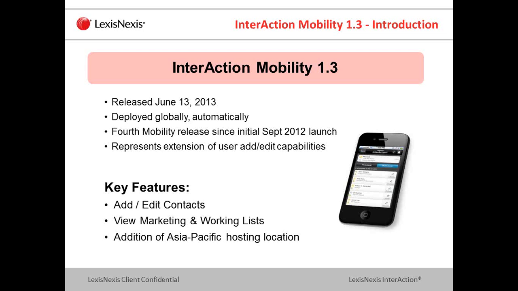This is actually our 4th release since we first came to market in September of last year with the Mobility 1.0. So the fourth iteration, if you will, of mobility for InterAction. And we do plan to continue with a fairly consistent and predictable release cadence for mobility going forward.